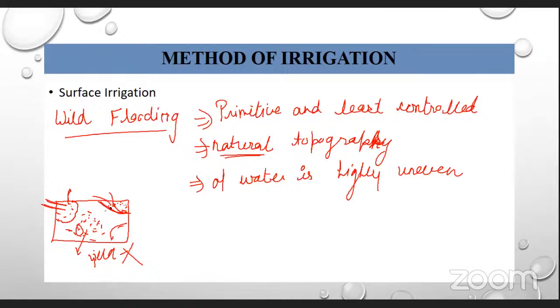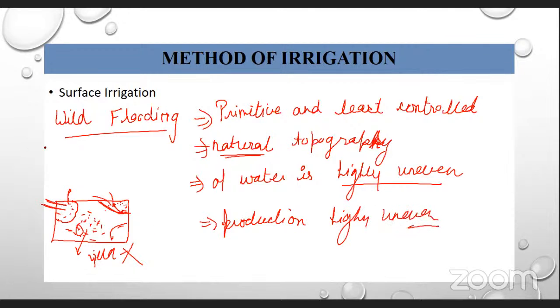So uneven distribution is there, as already written, the distribution of water is highly uneven, and because of that the production from the plant is also highly uneven. Okay, so this is all for wild flooding.